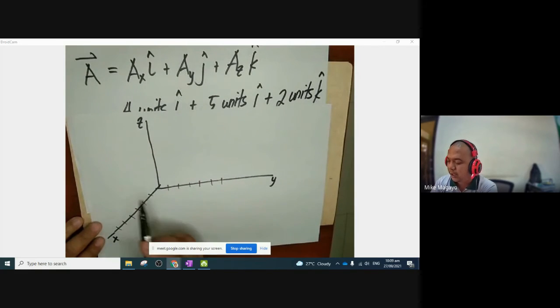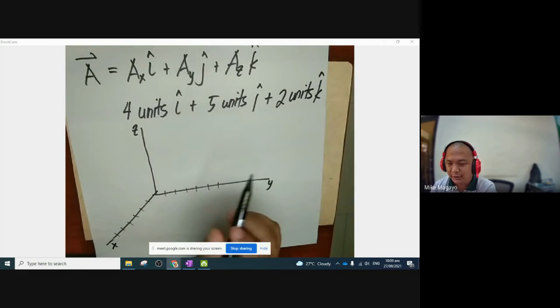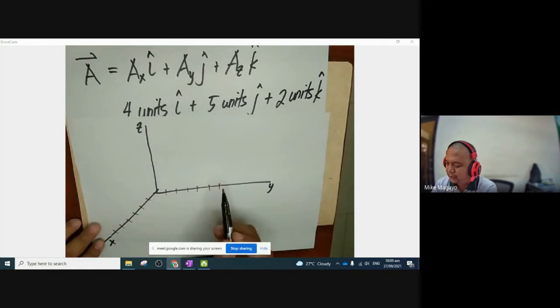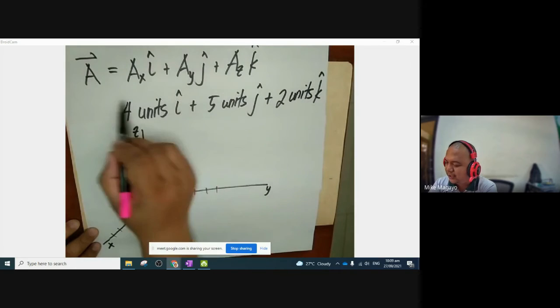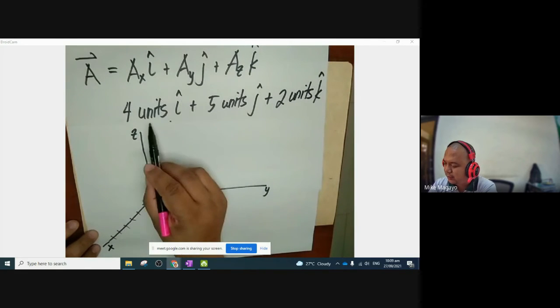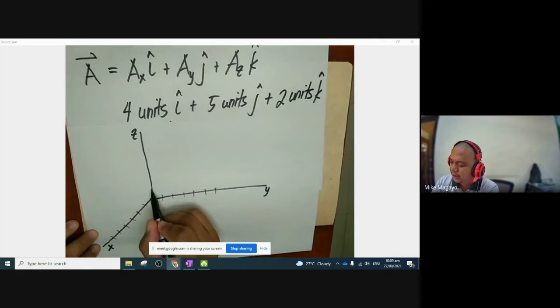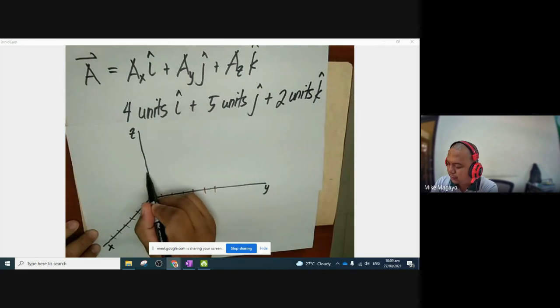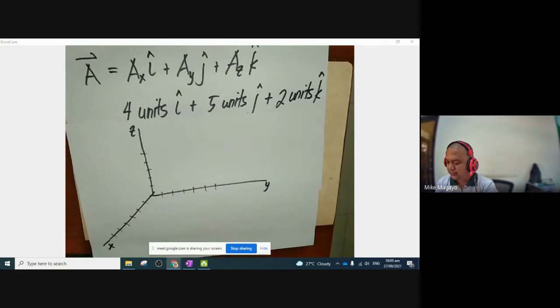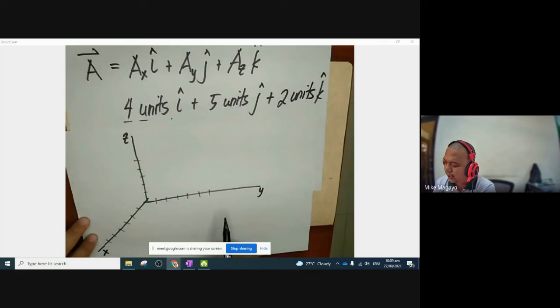But I could solve it analytically later. Let me show you the meaning of this vector with the given values. This vector has 4 units along the x-axis: 1, 2, 3, 4.